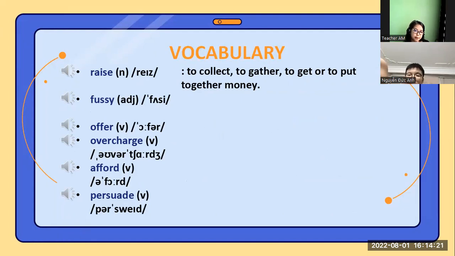Raise. To collect together, to get or to put together money. For example, we need to raise $1 million for the charity. That means you need to collect $1 million.